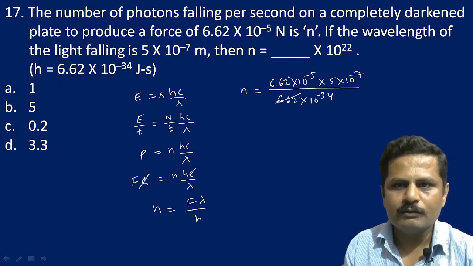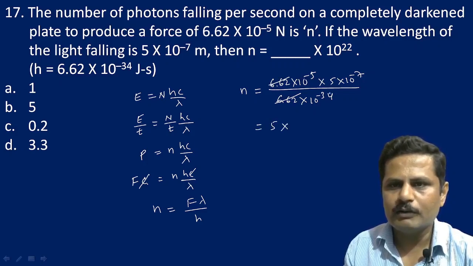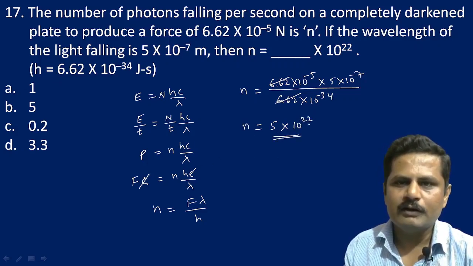Here 6.62 cancels, and we have only 5 into 10 to the power minus 5 into 10 to the power minus 7, that is 10 to the power minus 12, divided by 10 to the power minus 34, which is 10 to the power 22. This is the number of photons per second. So 5 into 10 to the power 22.